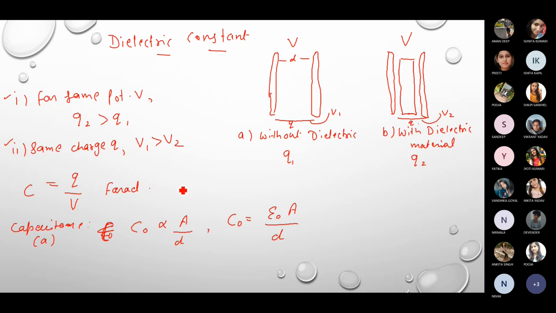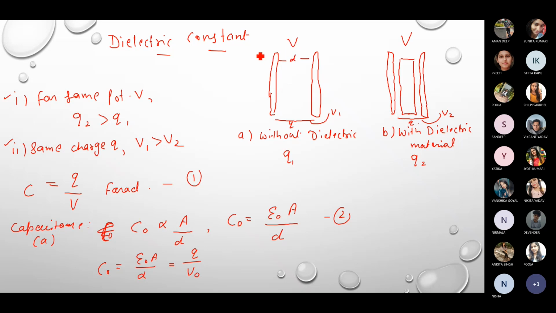Okay, so what do we confirm from this? Let us say this is equation 1 and from equation number 2, if we compare both, we can say that C naught is equal to epsilon naught A divided by D, which is further equal to Q upon V naught, if V naught is the potential difference across the plates of the capacitor.